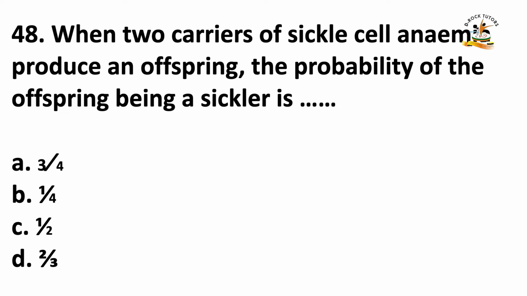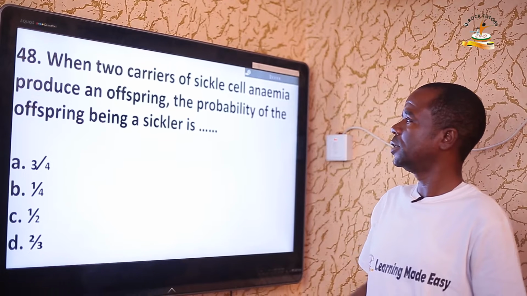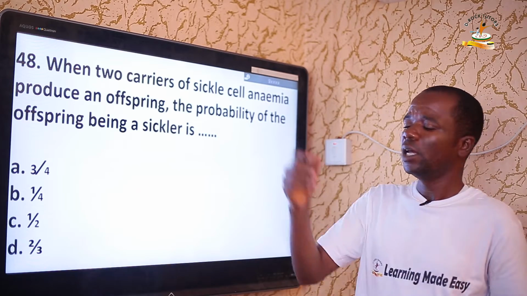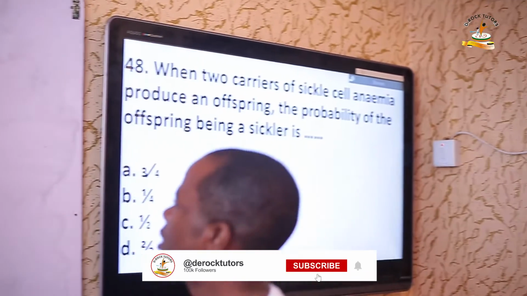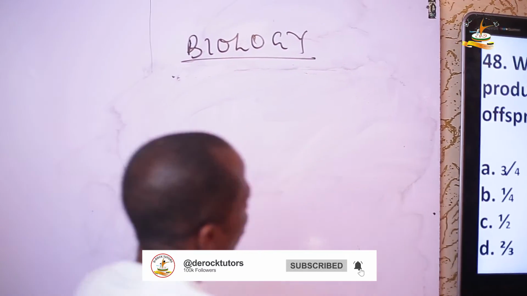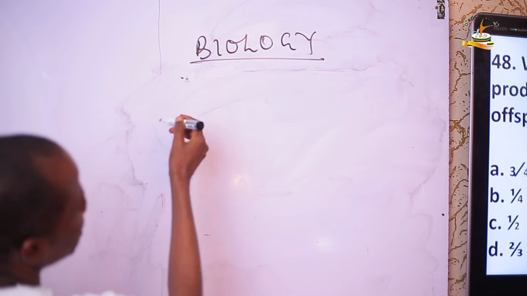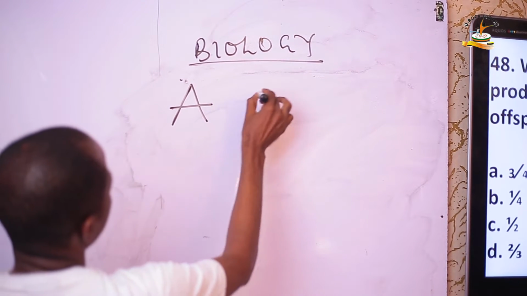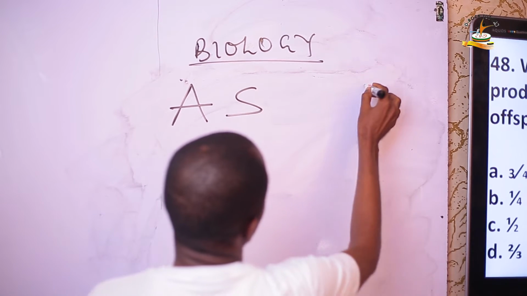Okay, so number 48 says, when two carriers of sickle cell anemia produce an offspring, the probability of the offspring being a sickler is... let's take a look at finding out how to solve this. When two carriers of sickle cell anemia, carriers means both of them are AS, AS.